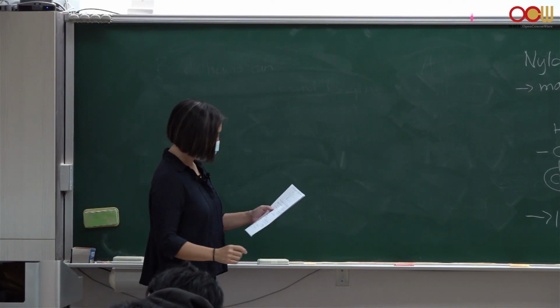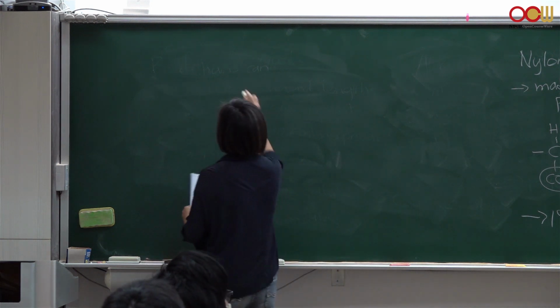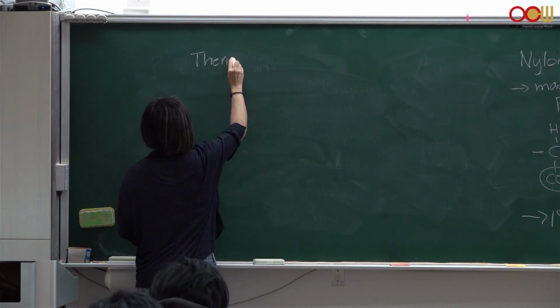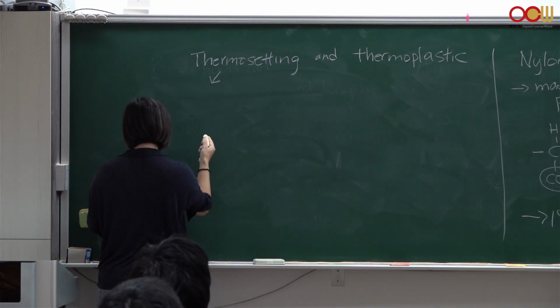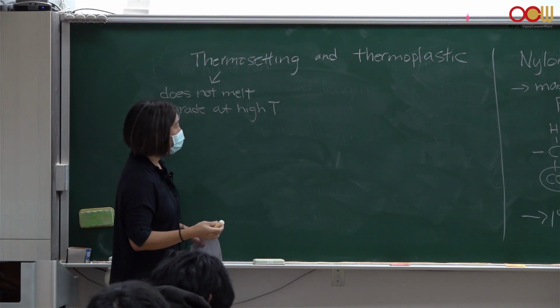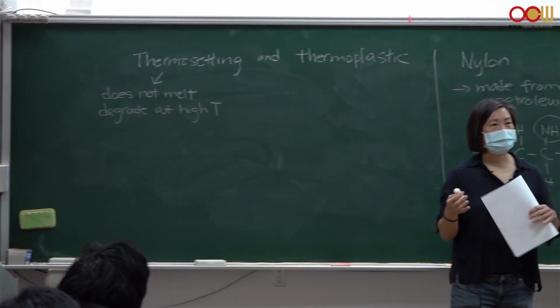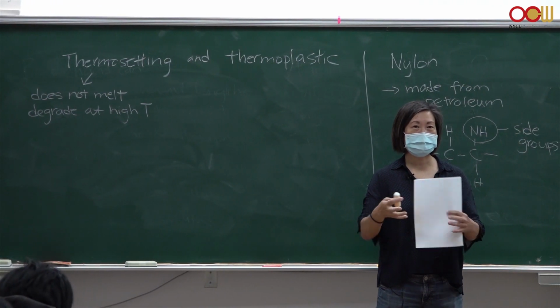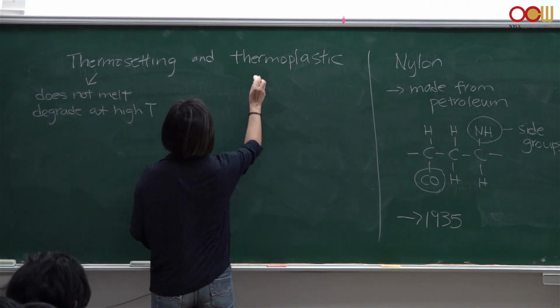The last thing I'll talk about in terms of plastics is that there are two different kinds, thermosetting and thermoplastic. A thermosetting polymer does not melt. You can heat it up, and it's not going to melt; it will start to degrade. It can start to fall apart, it can start to burn, but it's not going to become a liquid.